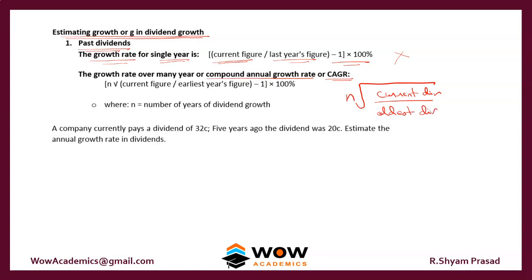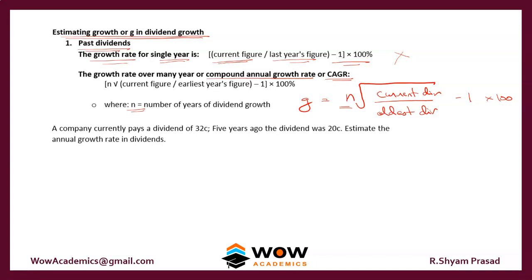Once you get an answer for this, you have to minus it by 1. That answer you have to multiply by 100. You will get the growth rate G. So that's how the formula works. Here the word N refers to the number of years of the dividend. So we'll work out this problem.